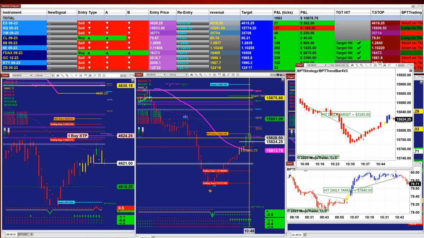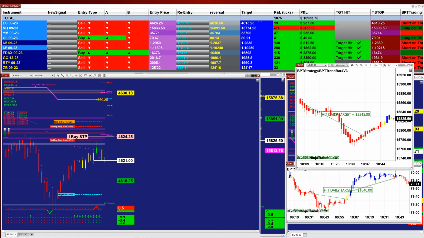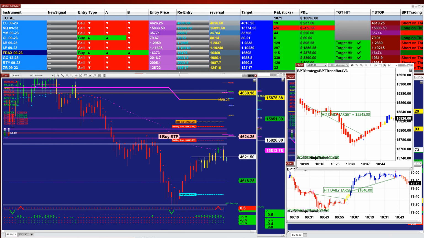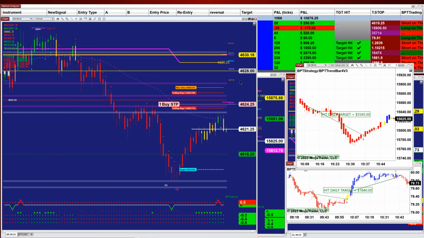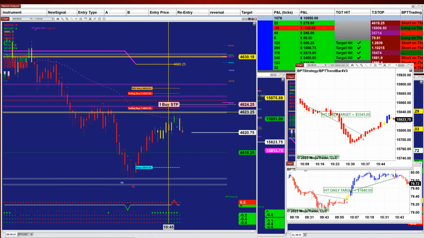So as I said before, on the ES or any given chart, the chart is always split into three sections. Not one, not two, three sections. Let me take a picture of it.